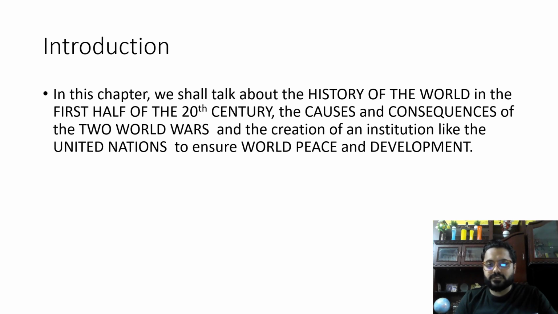And we are also going to discuss the causes and the consequences of the two world wars, what led to the world wars, which countries participated in the world wars, and everything that's related to the world wars. Also, we are going to discuss the creation of an institution like the United Nations.